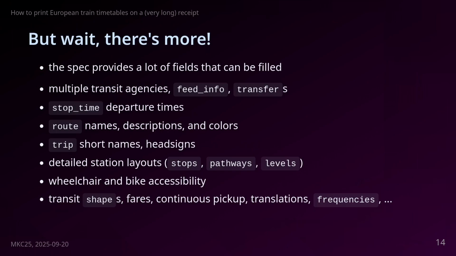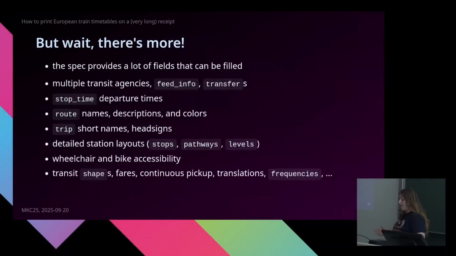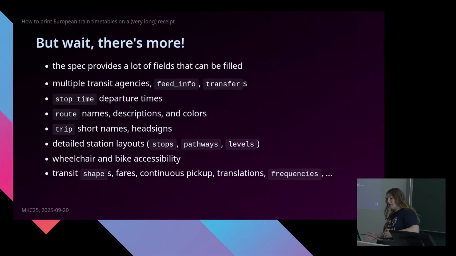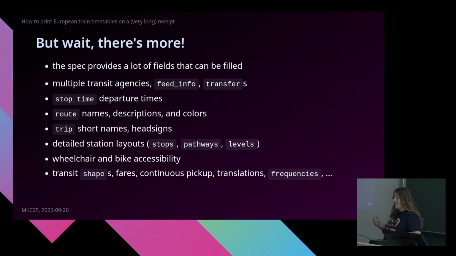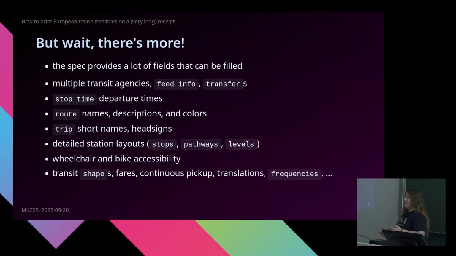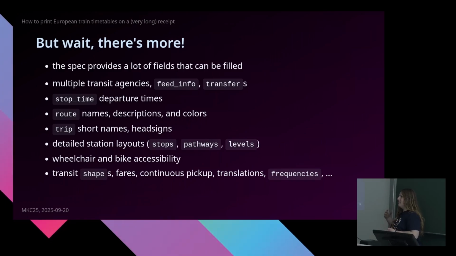There's also detailed shapes, which allow us to say what kind of road the vehicle takes. There's then fares and pickups, which we don't really care about. Then translations, which isn't really our thing. And then there's frequencies, which we should be able to pass because it's actually important information.